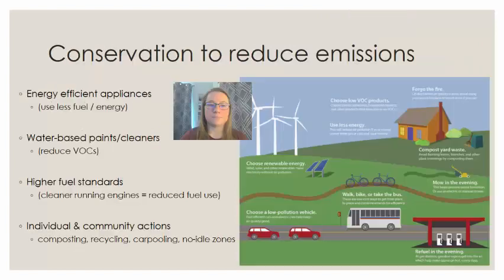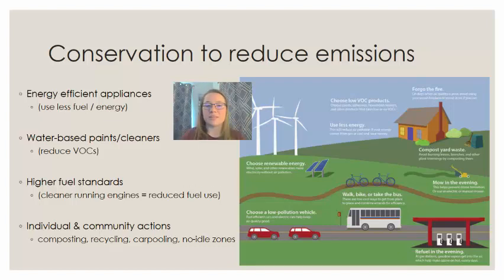Some of the things that can be done to reduce emissions would be conservation. Now, conservation just means wise use of some kind of resource. So we could have wise use of energy resources. Remember, the production of electricity, particularly from burning fossil fuels, emits a lot of air pollution.